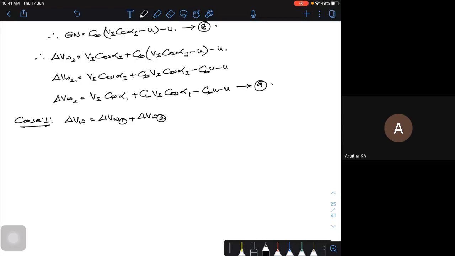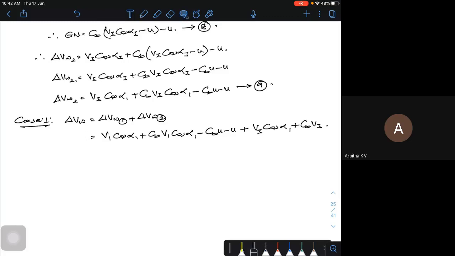What is delta VW1? It is V1 cos alpha 1 plus CB into V1 cos alpha 1 minus CB into U minus U, plus this particular thing, V3 cos alpha 1, plus CB into V3.